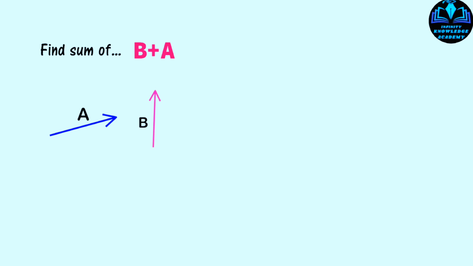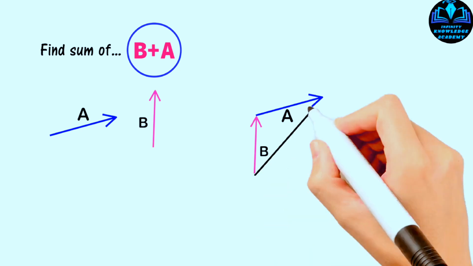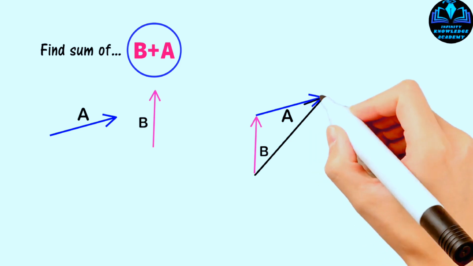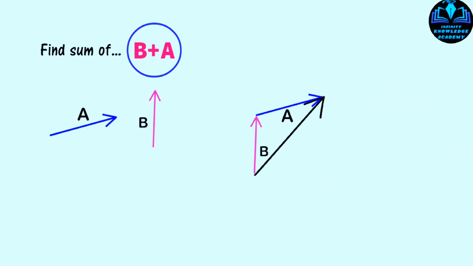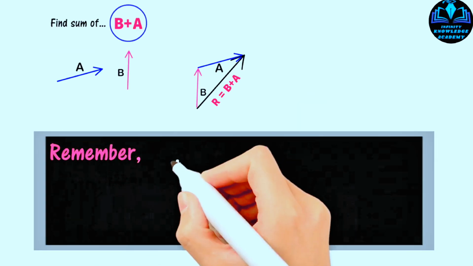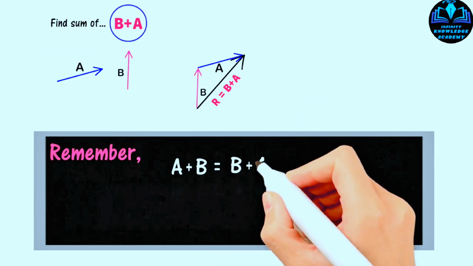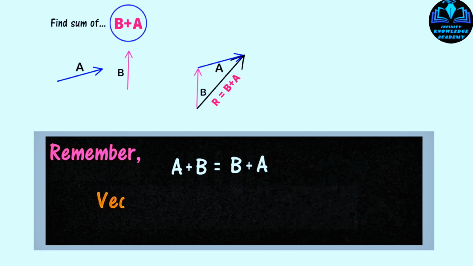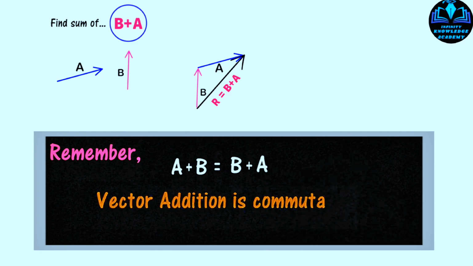The question is asking me to find the sum of B plus A. So I am taking the vector B and then I am taking the vector A and I am joining the tail of the vector A with the head of the vector B. And now to get the result of B plus A, I am joining the tail of the vector B with the head of the vector A and I am getting B plus A. Remember, A plus B is equal to B plus A, or we say vector addition is commutative.